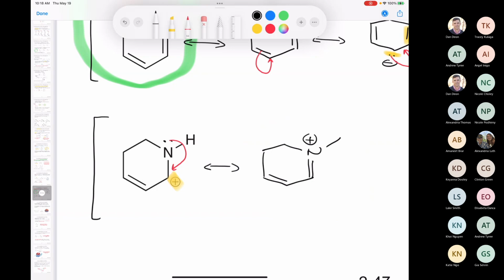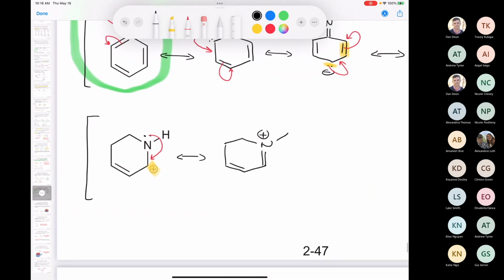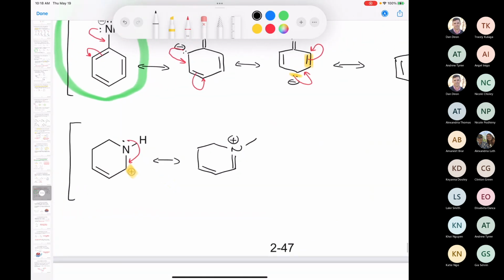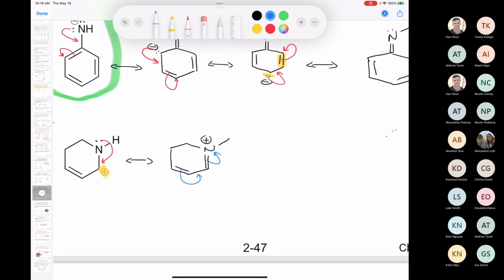And, oh, there's another resonance contributor that I could draw here, can't I? And I could have drawn it a little bit differently than I have here. But there's one more where if I do 2 arrows at once, if I put these electrons back here and then I make a double bond here, it's kind of a double whammy, then I end up with a resonance contributor that looks like this.